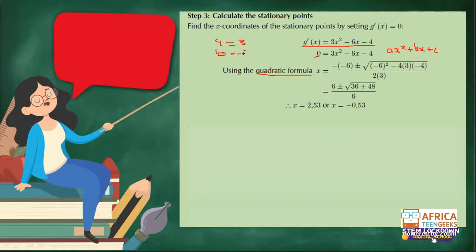Very important. Our B is -6, not +6. It's -6. Okay. And our C is -4. If you substitute +6 and +4, your answer will not be correct. So it's very important to make sure that your signs are correct.